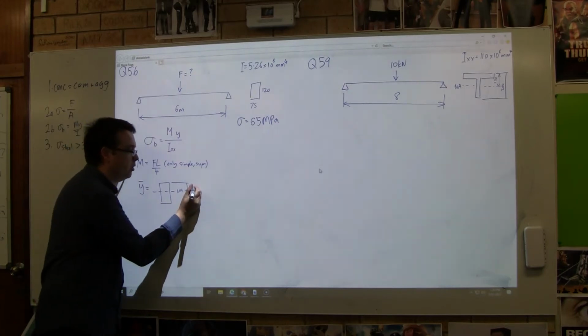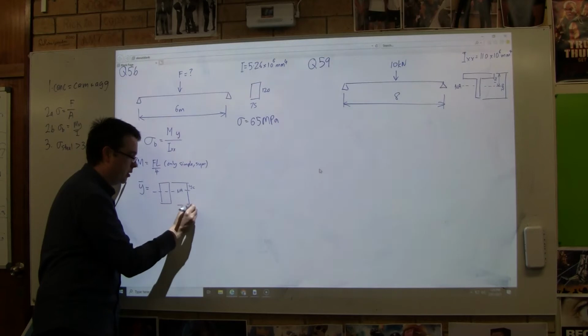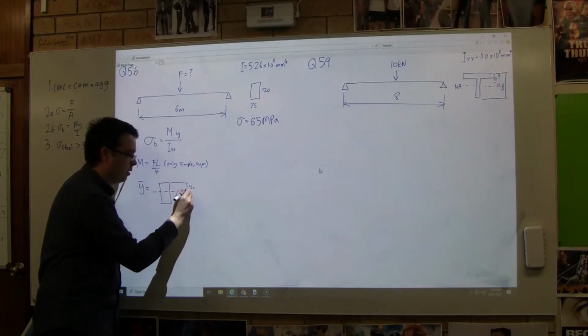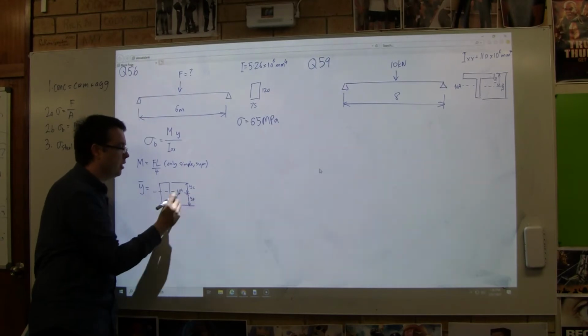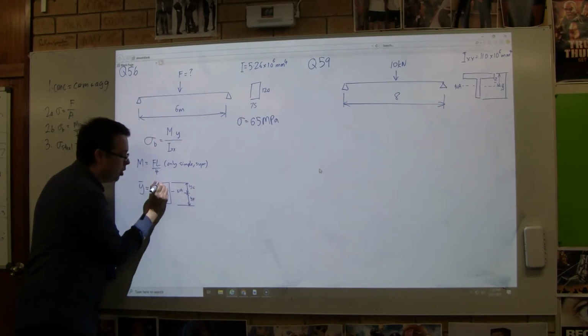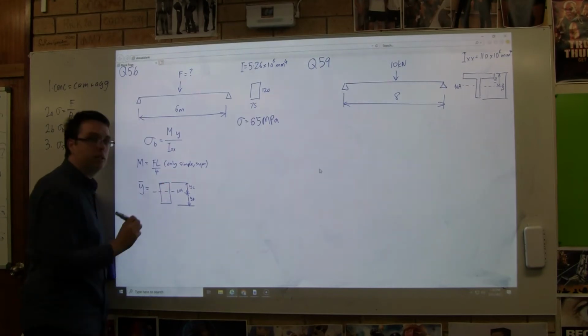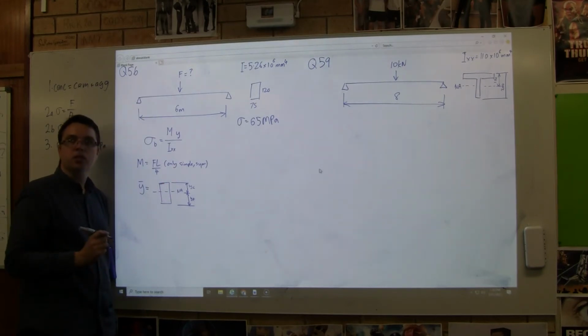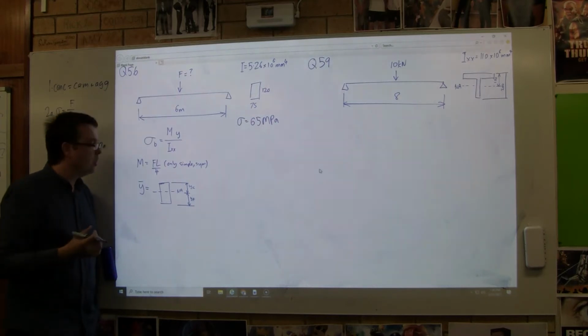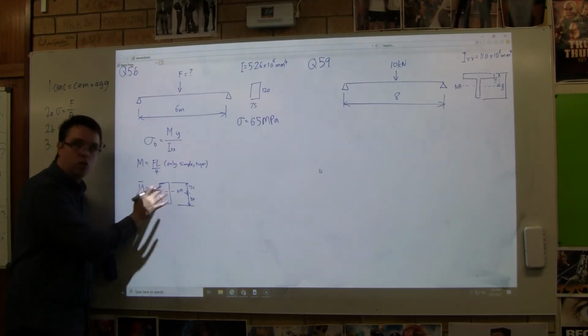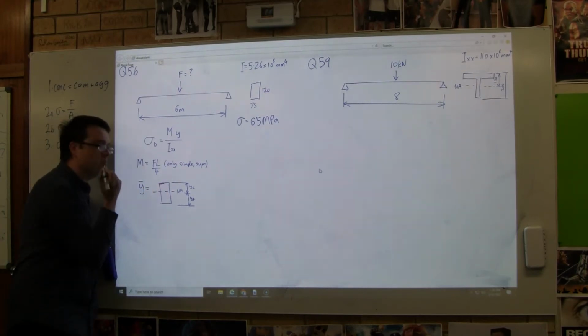It's in compression, and then the bottom is the distance from the neutral axis to the compressive fibre. When I say fibre, I mean literally the molecules, the piece of timber at the extreme end. It's the distance from the neutral axis, the area that's not in tension or compression, which for a symmetrical section is usually in the middle, and we're measuring the distance from that area that's under no stress to the area that's under maximum stress.